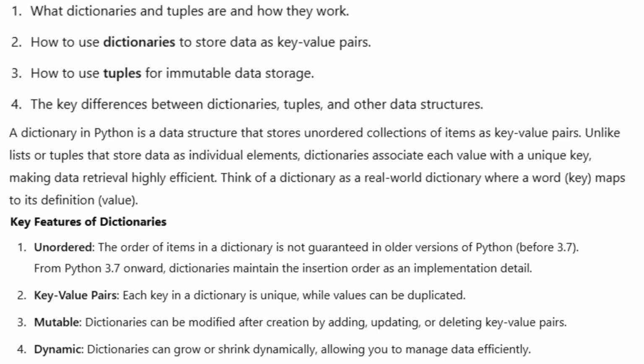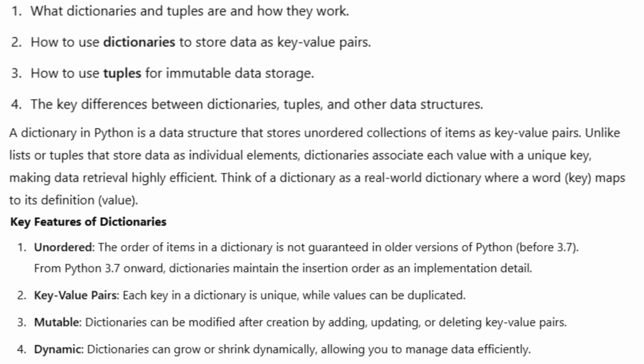Each key in a dictionary is unique, while values can be duplicated. Number 3, mutable. Dictionaries can be modified after creation by adding, updating, or deleting key value pairs. Number 4, dynamic. Dictionaries can grow or shrink dynamically, allowing you to manage data efficiently. So let's just dive in.